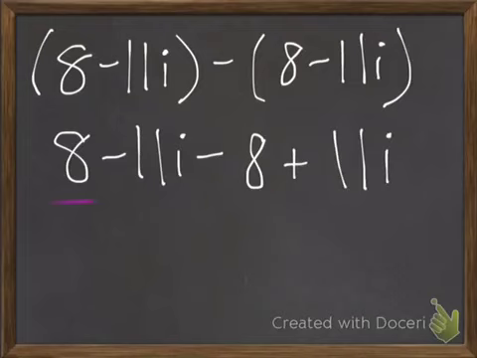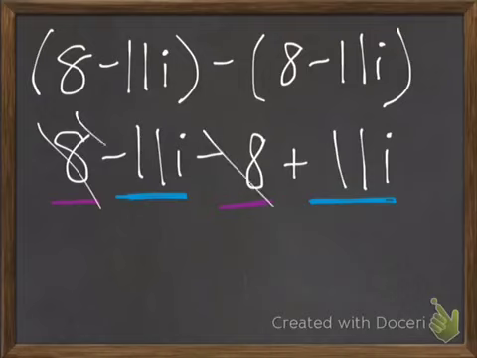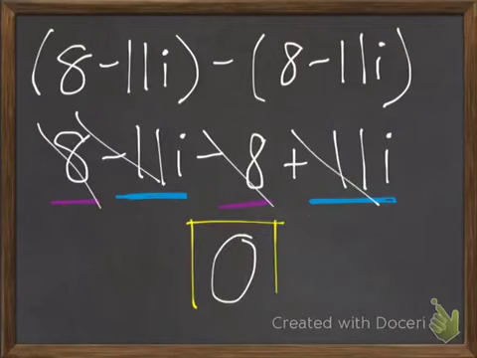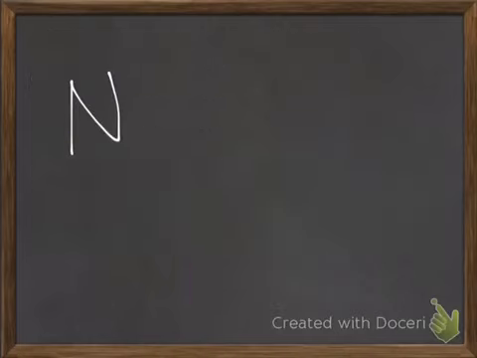See how that changed right there? So we combine like terms, 8 and 8, and then the i's and the i's. So 8 minus 8 would cancel out, negative 11i plus 11i would cancel out, and so your final answer for this one would actually be 0.